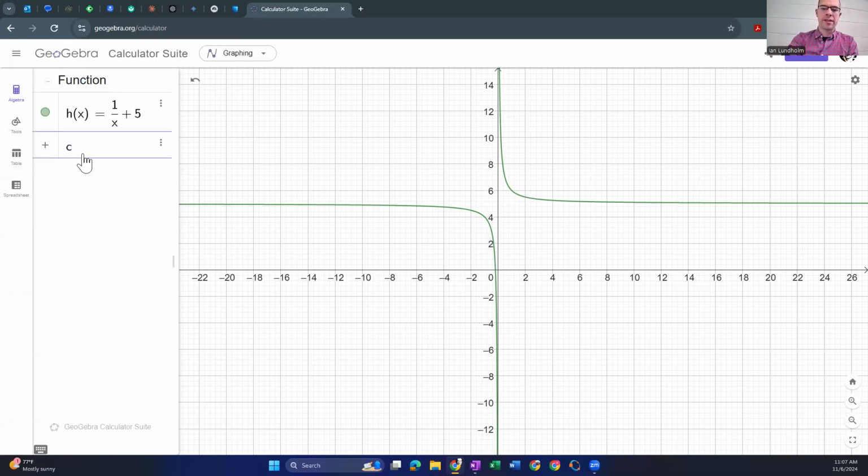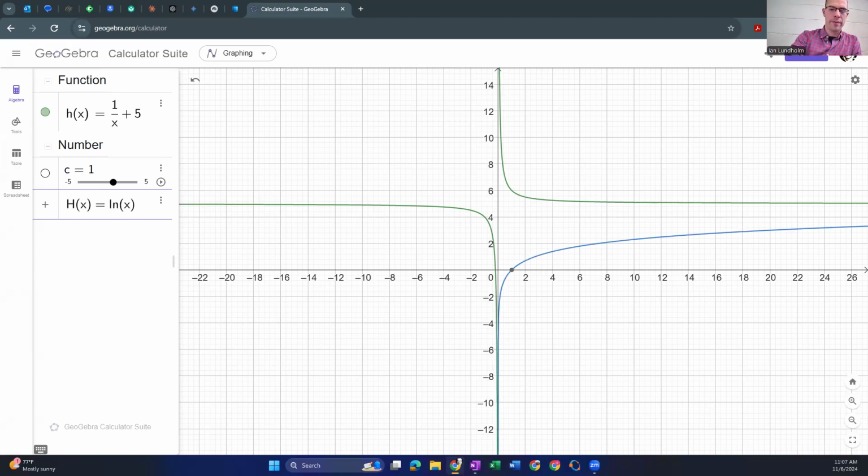Let's go ahead and make a slider c real quick. So that's something that we can utilize when we make capital H. But what we said was, the natural log of the absolute value of x, plus 5x plus c.